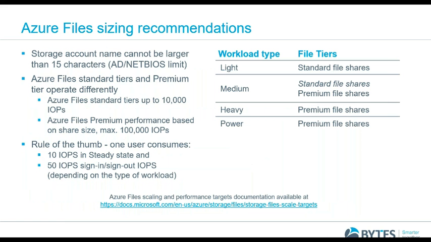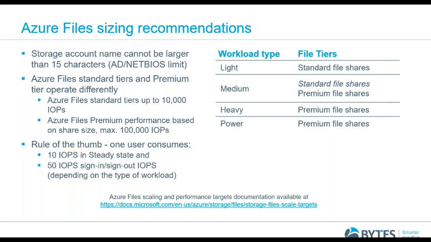So some Azure Files sizing recommendations. This is more specifically for FSLogix profile containers. Just be aware that the account name can only be 15 characters, and that the premium tier and the standard tiers operate and are resourced differently.